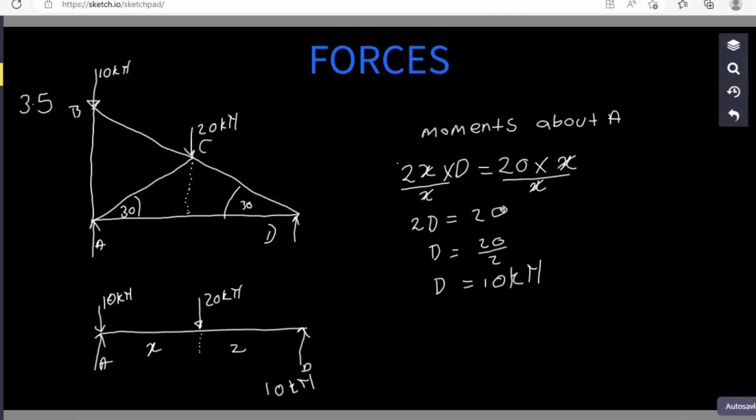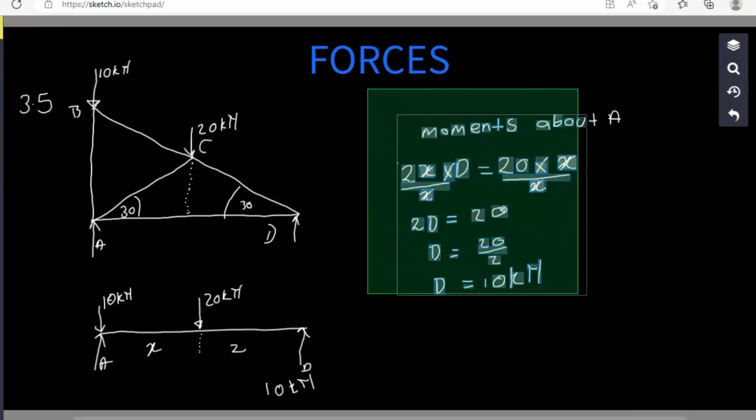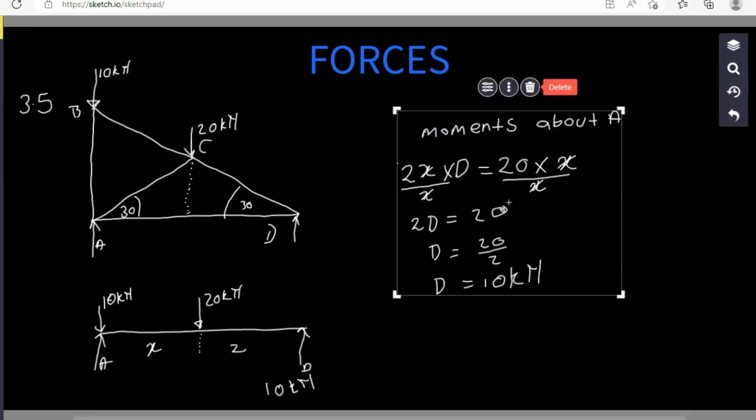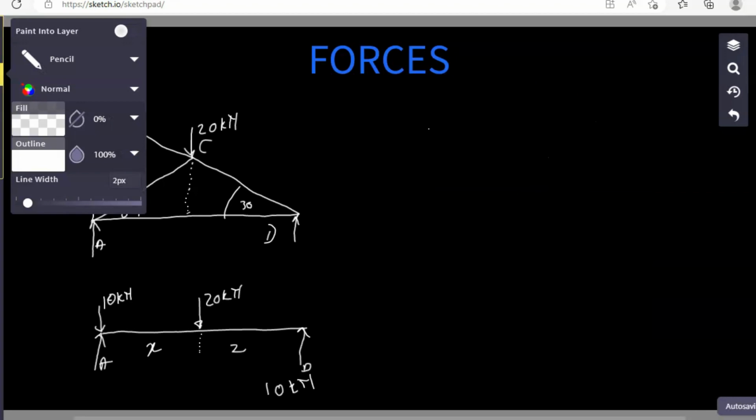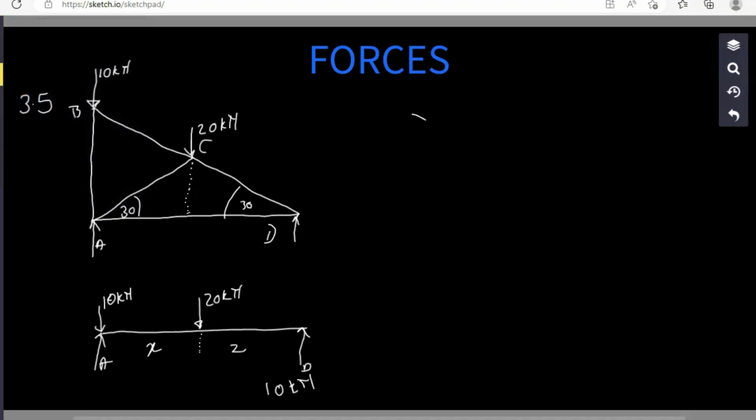The reason why I'm going to calculate for D only is because they did not specify to calculate for the reactions first and then calculate for the magnitude of the members and their nature. You can calculate the other one, but it really isn't necessary, and I don't think there are marks for that. So I'm going to save my time and say we are only interested in this portion.